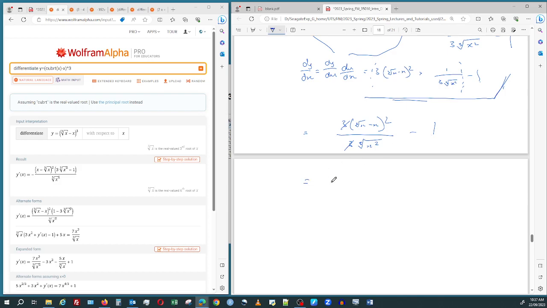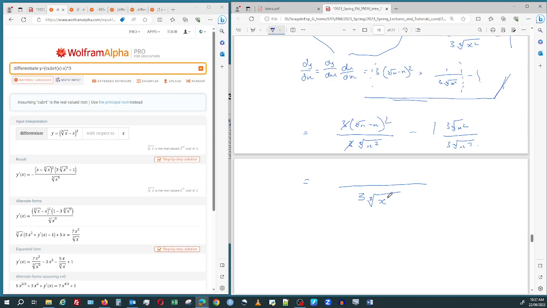Now that 1 can be made up of 3. That makes more sense, doesn't it? Cube root of x squared over 3 lots of the cube root of x squared. So now we're talking, we've got the same family. That's just 1 now times that. So we've got the same family on the denominator.